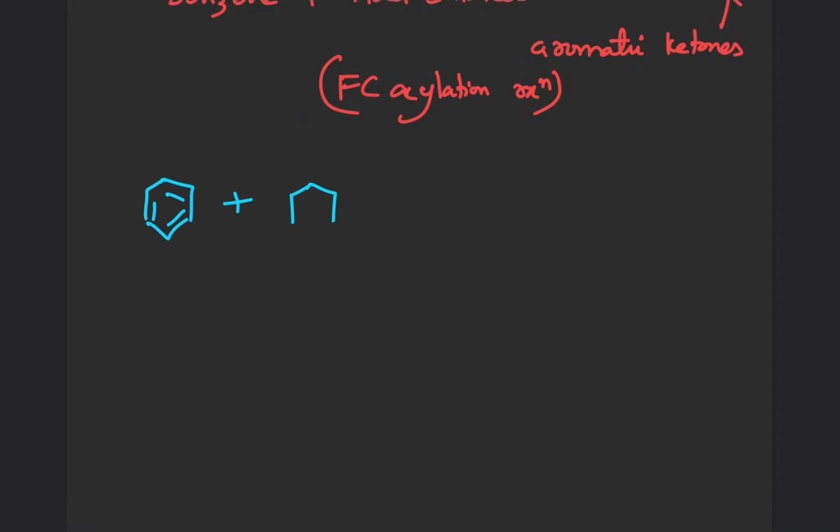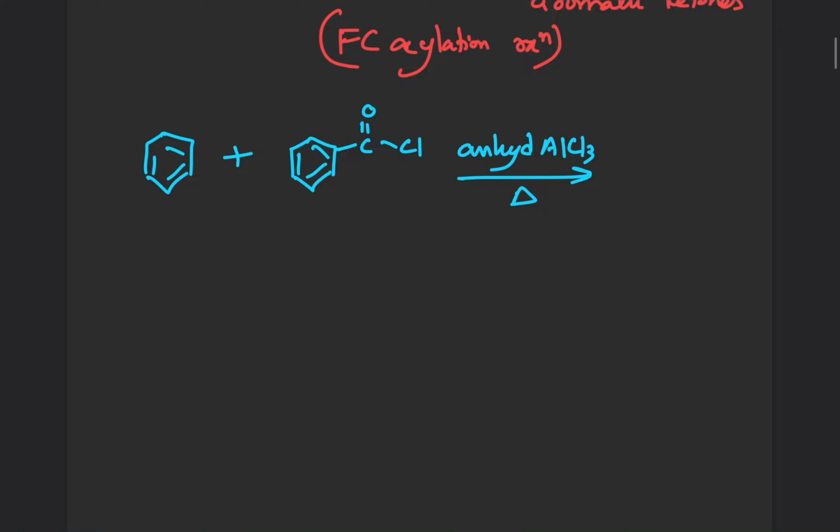Okay, so with respect to reaction I can write benzene ring plus the acid chloride that we have taken is benzoyl chloride in the presence of anhydrous AlCl3 and heat. So I will get benzene ring connected to C double bond O connected to one more benzene ring, and side product HCl.